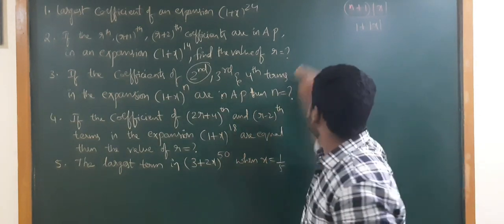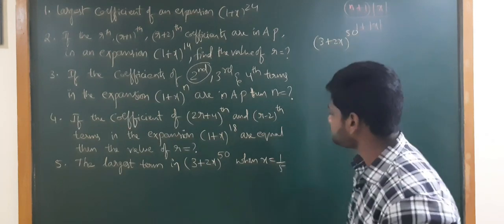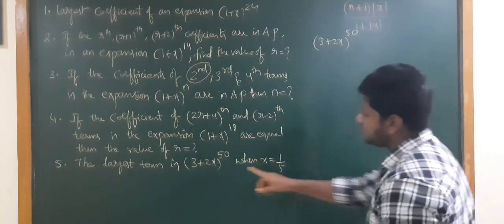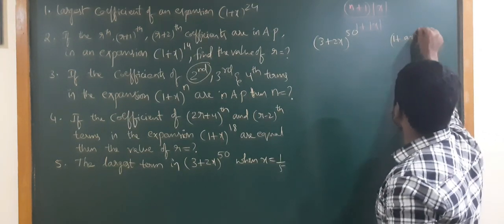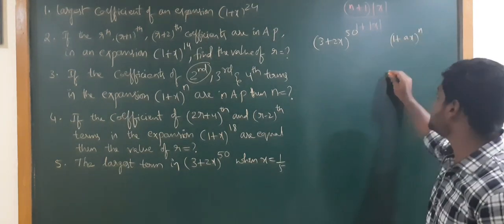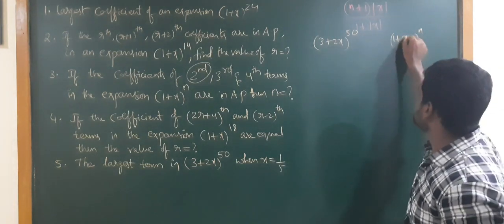Now when it comes to this (3 plus 2x) whole to the power of 50, first we need to convert it into the (1 plus x) whole to the power of n form. How to get that?